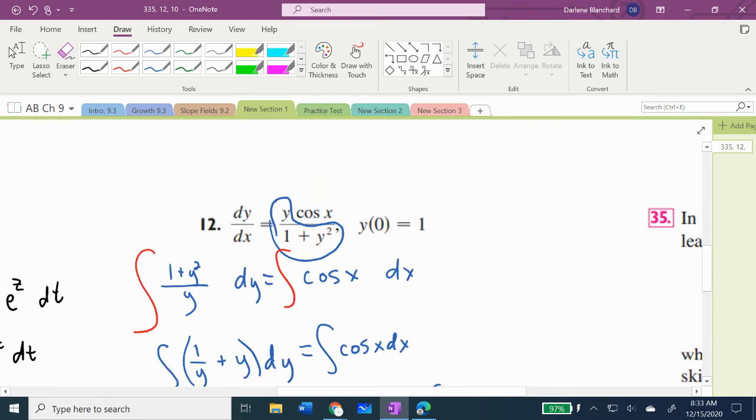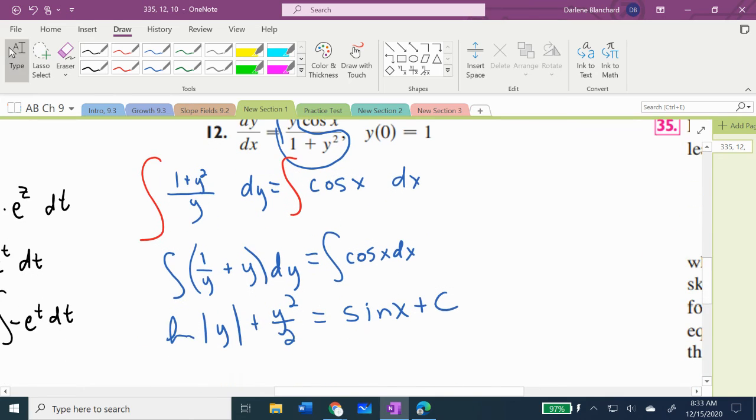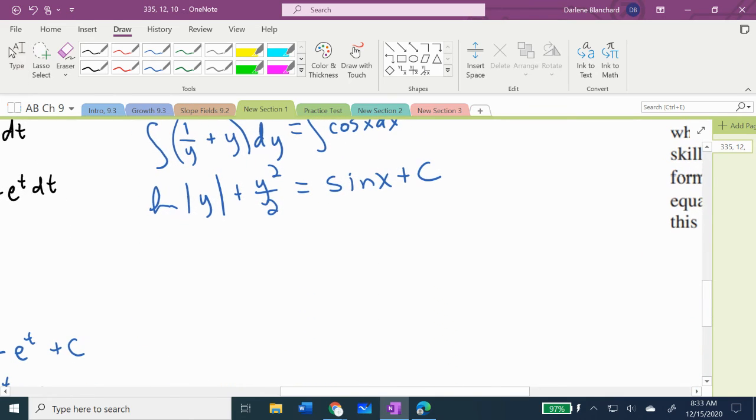And we have an initial point to use. Y of 0 is equal to 1. So I'm going to plug a 1 into the y's. The natural log of 1 is 0. And then we get plus 1/2 equals plugging 0 into sine. Sine of 0 is 0.